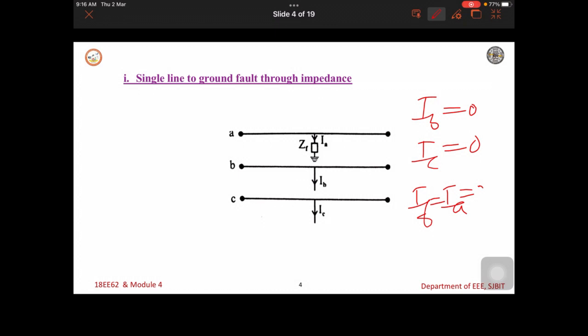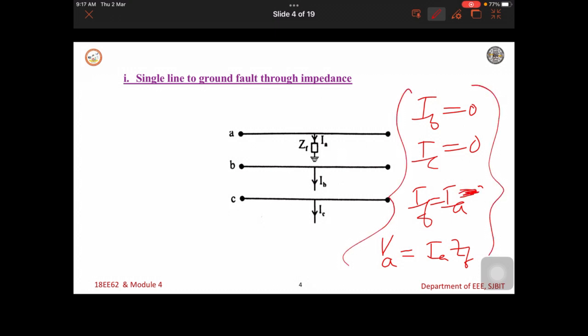IA is the fault current. Therefore, the value of VA is IA into ZF. These are the terminal conditions for a single line to ground fault with fault impedance.